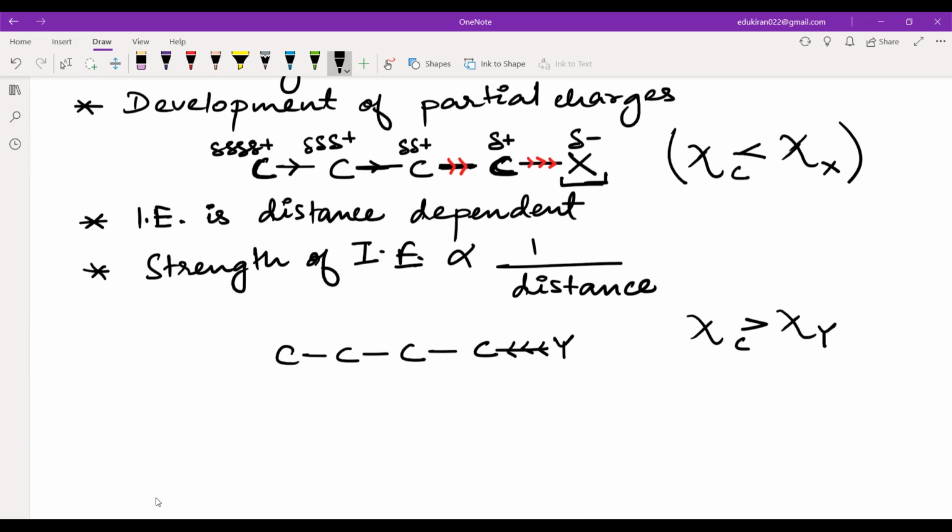Now, carbon will develop a negative charge, and this will develop a positive charge. Since this carbon has developed a negative charge, it will repel some of the electrons bonded here. That is, this will be getting delta negative. Similarly, this will be getting delta delta negative, and this will be getting delta delta delta negative. Okay, so you get the idea about inductive effect, that it is distance dependent.